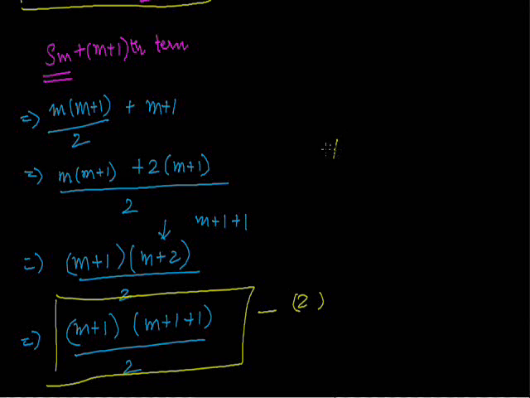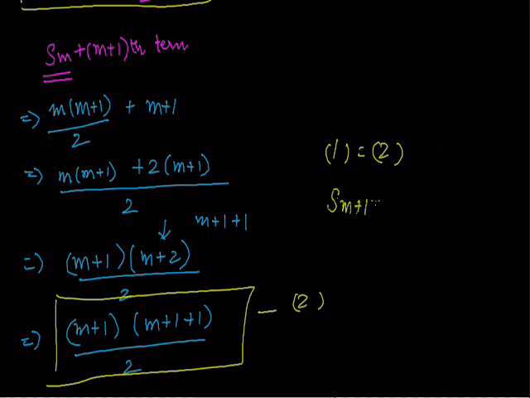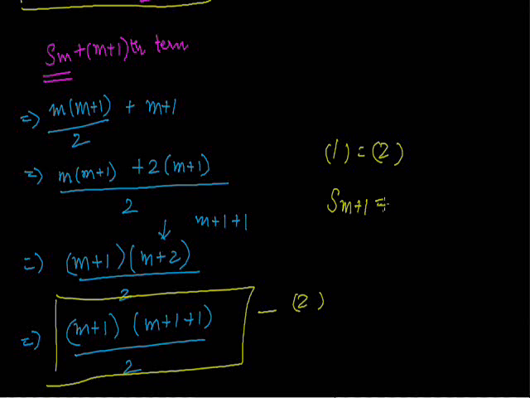If equation 1 is equal to equation 2, that means S of m plus 1 is also true, because previously we proceeded with S of m being true. Taking S of m as true, we added the m plus 1th term to it, and by that we took out the sum of m plus 1 terms, which satisfies the formula we were given previously.